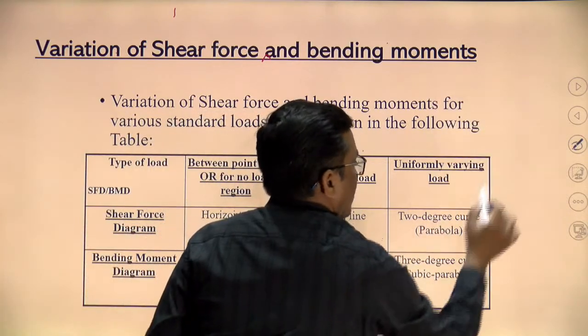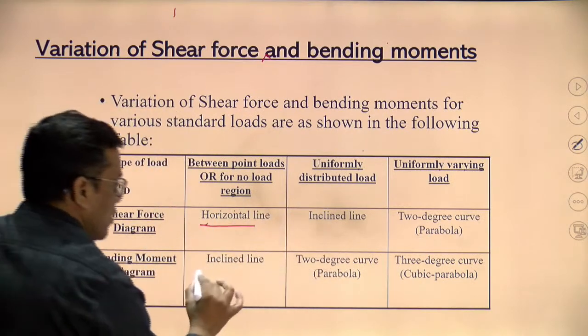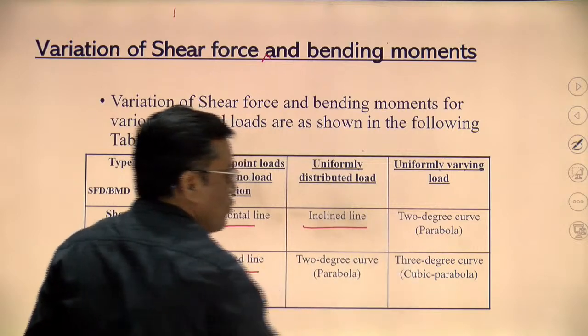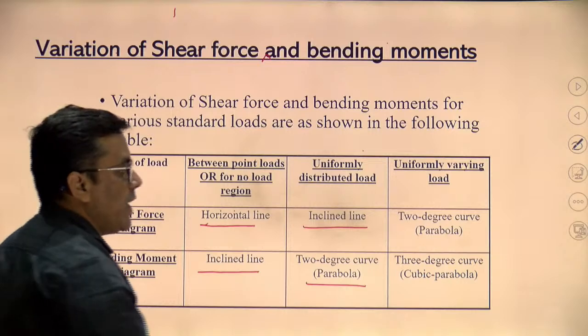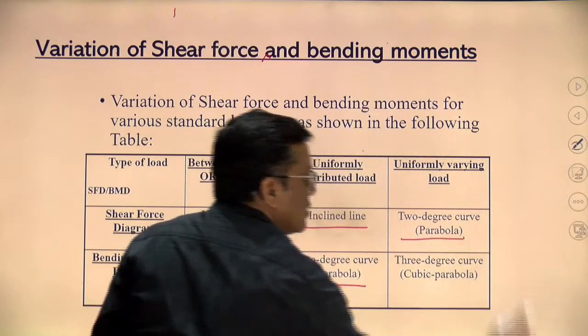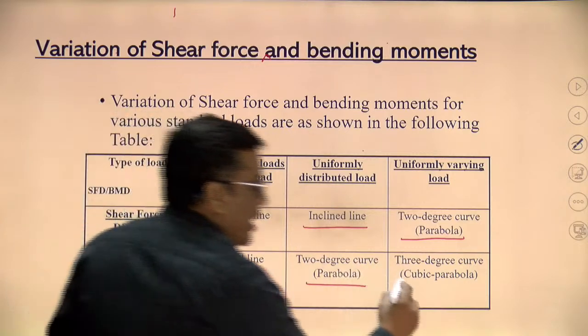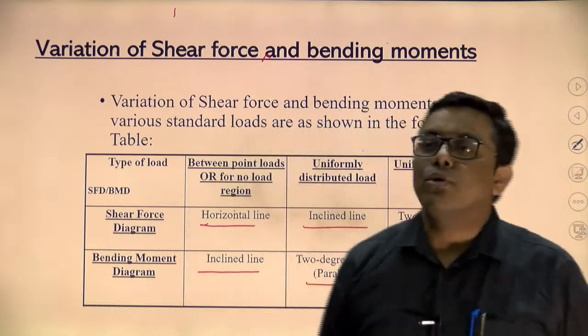Bending moment कैसा होगा? Inclined line, already discussed. With the UDL, shear force diagram, inclined line, bending moment 2-degree parabola. UVL, shear force diagram will be 2-degree parabola, and the bending moment will be the cubic parabola.